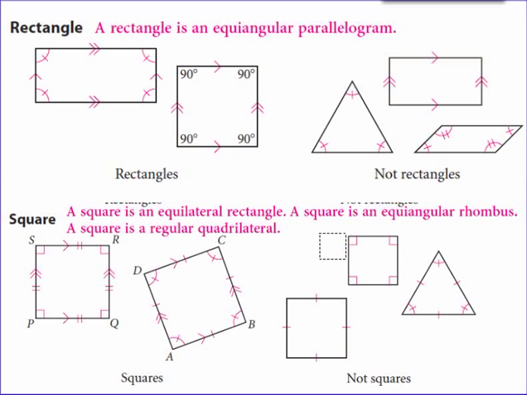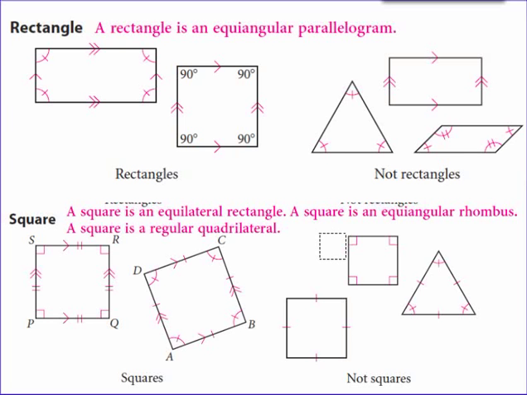Regular means, just a little tidbit, regular means all sides and all angles are equal. So that's what regular means. Regular means all angles are equal, all sides are equal. So 3 things a square is: it's an equilateral rectangle, an equiangular rhombus, and a regular quadrilateral.